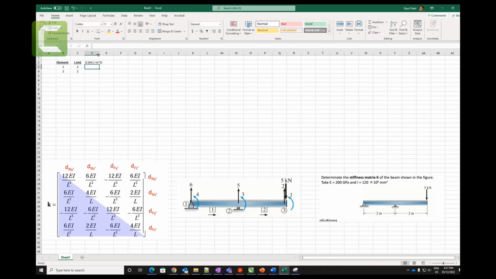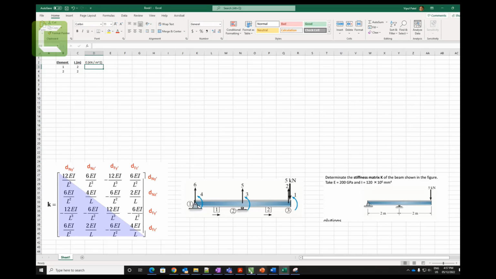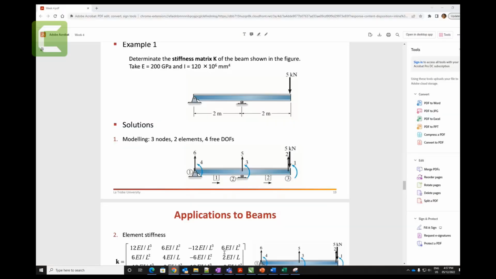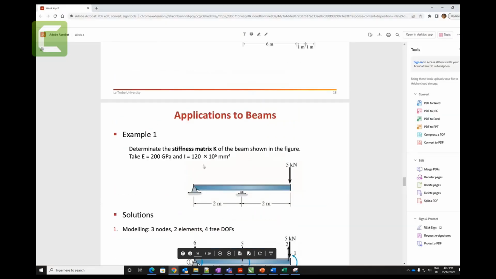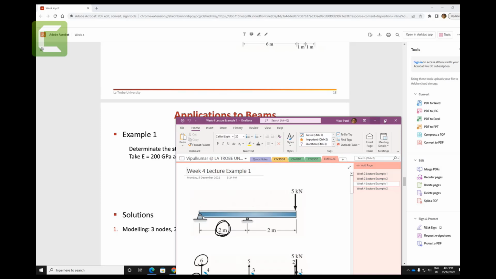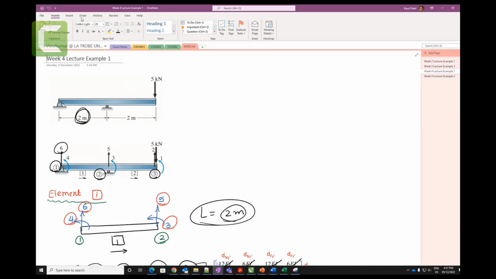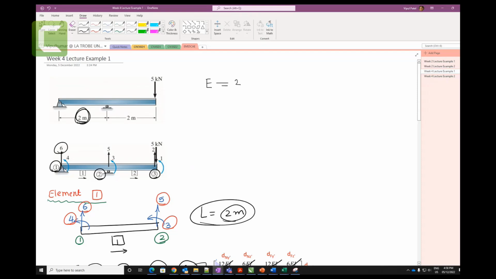That's fine. We can go back to our lecture notes and see that we have a Young modulus of 200 gigapascals. Now, what is the meaning of 200 gigapascals? Let me draw it up. Young modulus equal to 200 gigapascals.